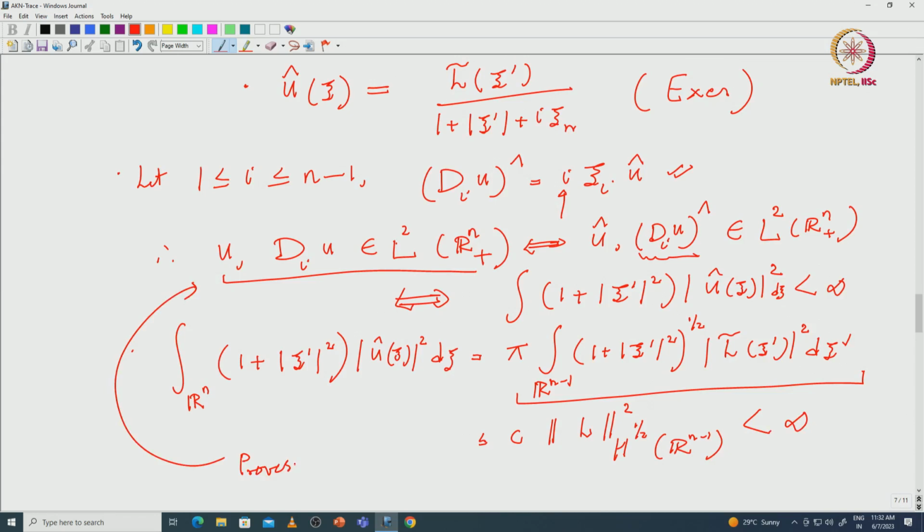Now we want to go to the next one, that is again the standard tricks you apply. So you look at dn of u, the last part. So dn of u for the entire extension you can't prove it. So we take it only on the upper half part.